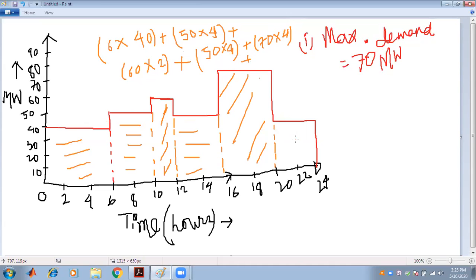And what is our fifth area? This portion. Its value is 40, and 24 minus 20 equals 4. So it is 40 into 4.